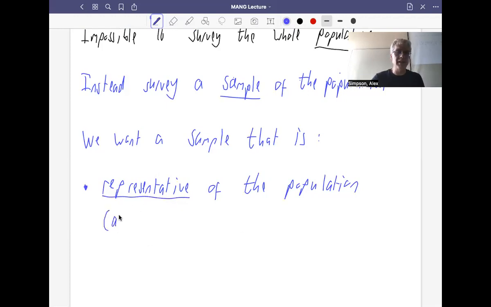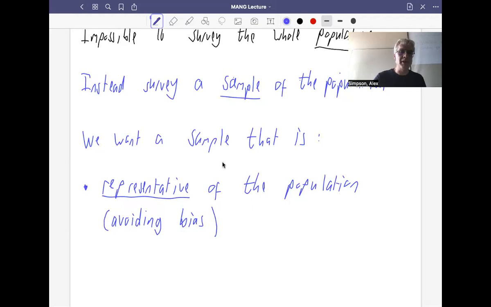Another way of saying this is it avoids bias. So we don't just want to survey professional men in their 40s or something like that. Then we would get one opinion, the opinion of professional men in their 40s, but that's very unlikely to be representative of the whole population. We want to get a good spread of people from the population in our sample.